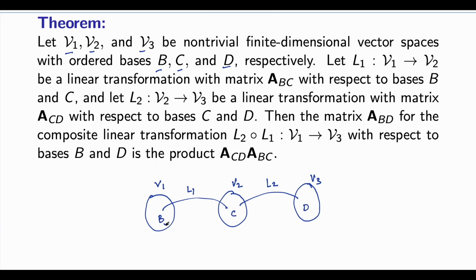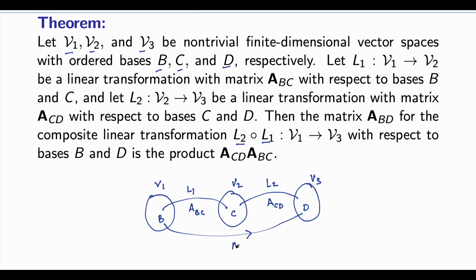So now the composition map from here to here. So L2 composed with L1 is a linear transformation from V1 to V3. This is what the theorem says: this matrix is A_BC, right? And this matrix is A_CD, right?